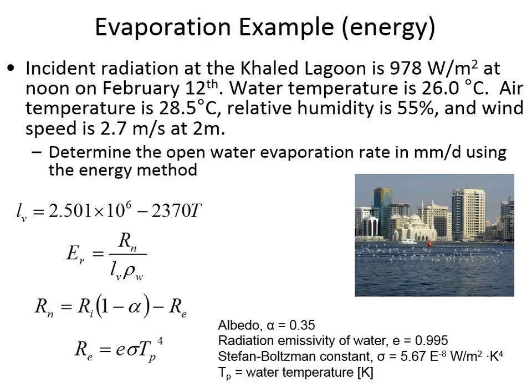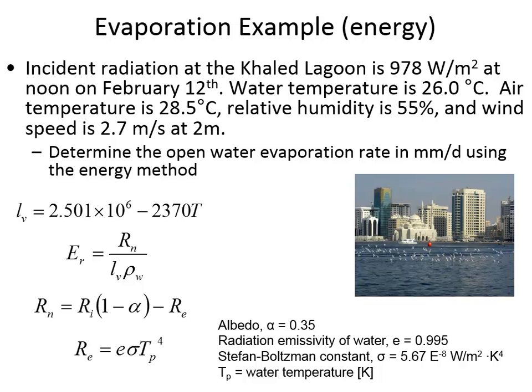So the net radiation, this is the difference between how much has been received by the surface minus what was reflected out minus what is being emitted by the surface. And so this is the leftover energy.